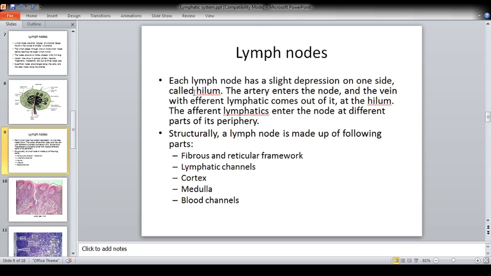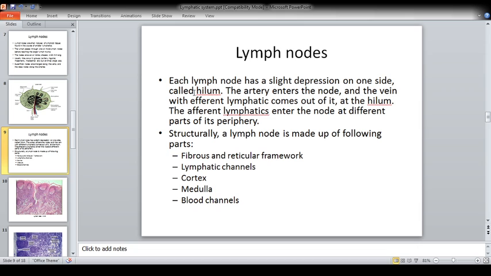Now let's get into detail of these parts. A fibrous or reticular framework. Framework is a broad term that is used to explain any structural components that give the organ its shape and structure.